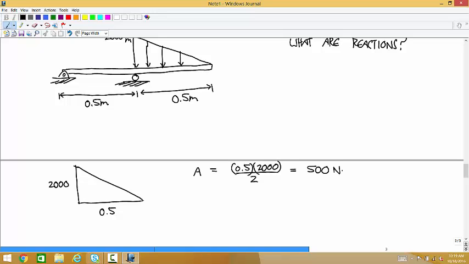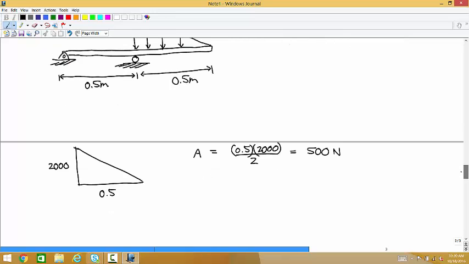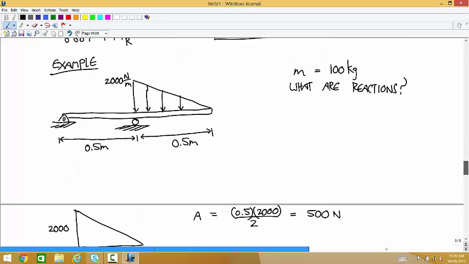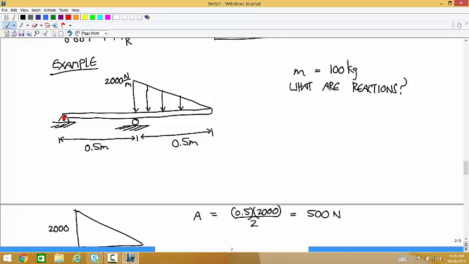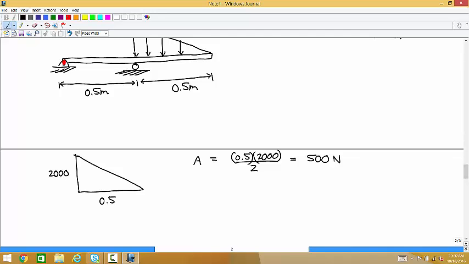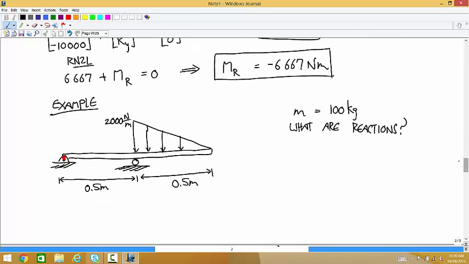And then the centroid location, let's choose the origin. The easiest place to choose the origin and the about point is on the left end where the pin joint is. So that's the coordinate system.